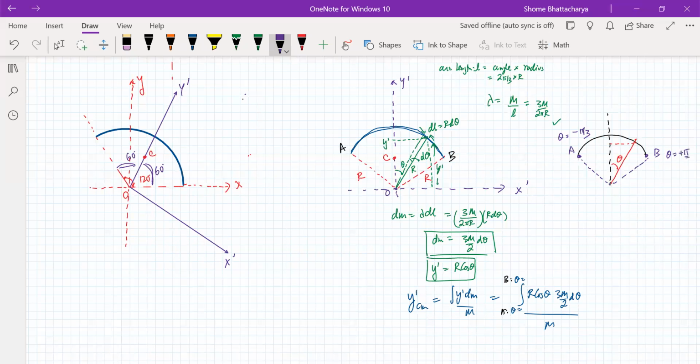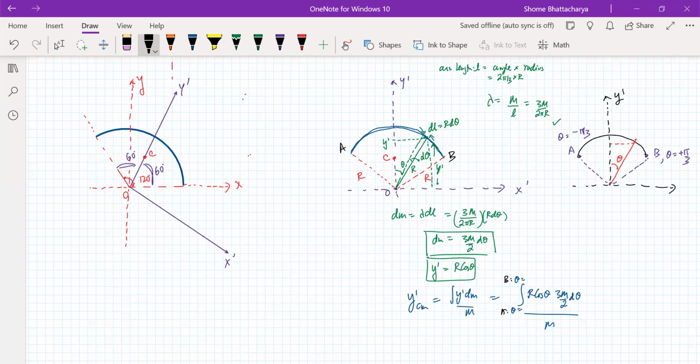Plus pi by 3. Is it clear? Taking this angle with the vertical line here, y prime, as your theta, the angular position of the leftmost point A and the rightmost point B are going to be minus 60 degrees and plus 60 degrees.